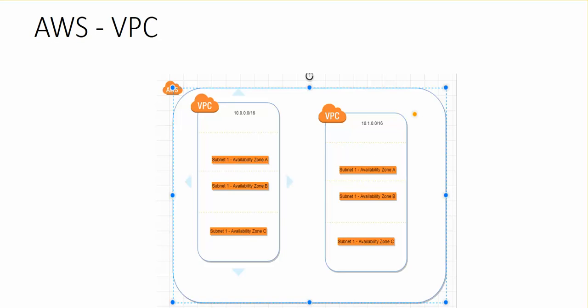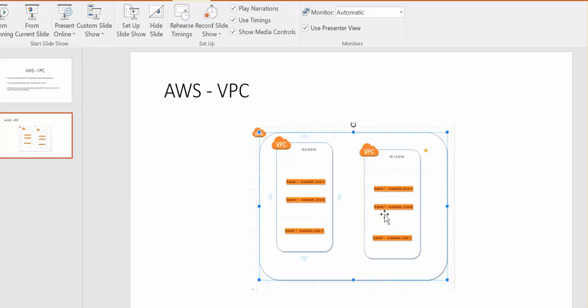Each subnet is associated to an availability zone. So this is about the VPC, and now we are going to see how we can create a VPC on the AWS console.